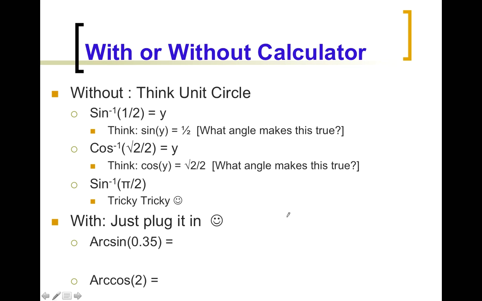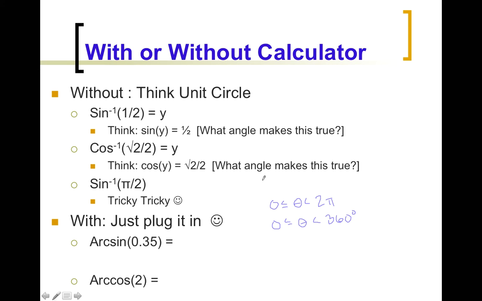Just pay attention to the question. If the question says to find your answer in radians, or if it says something like 0 is less than or equal to theta is less than 2 pi, that means your answer should be in radians. This means your answer needs to be in degrees.